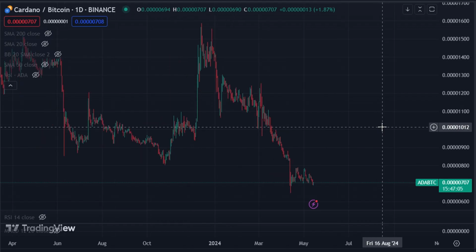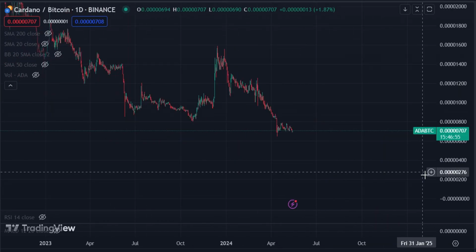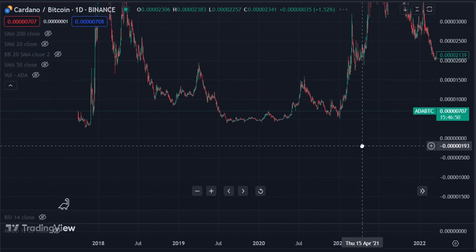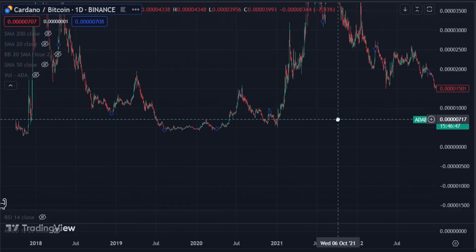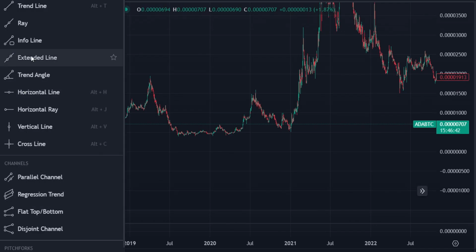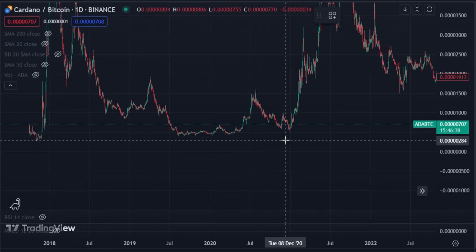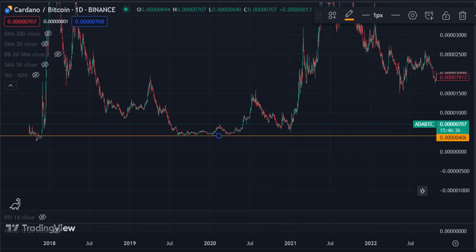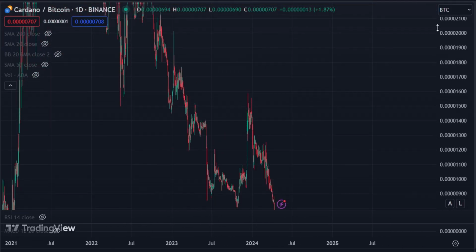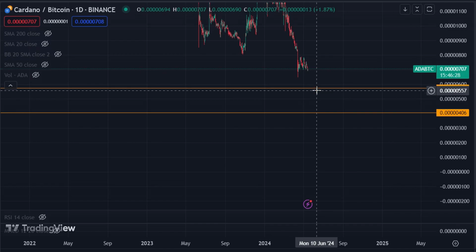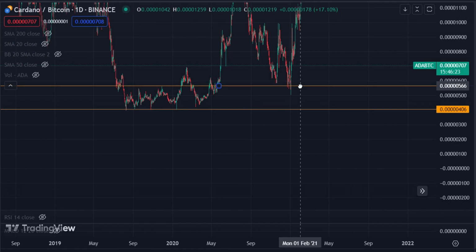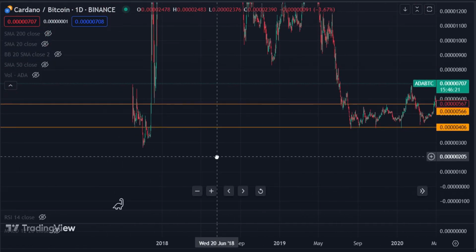Now, if we look at the ADA BTC chart, there really isn't much to say here. I mean, we are at the lows. If I just add a line right here and right here, you can see that there isn't a whole lot of downside to reach these levels, support levels.